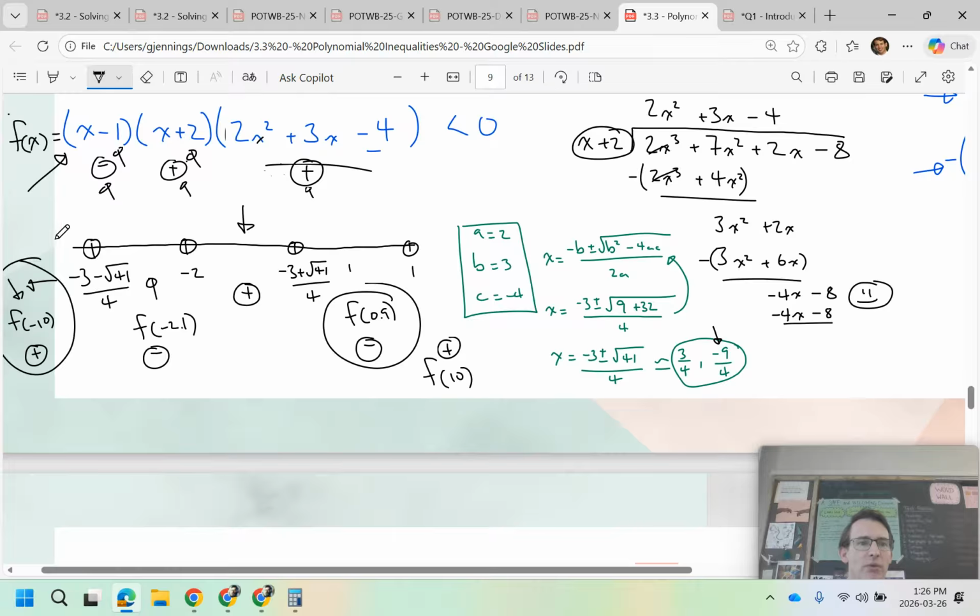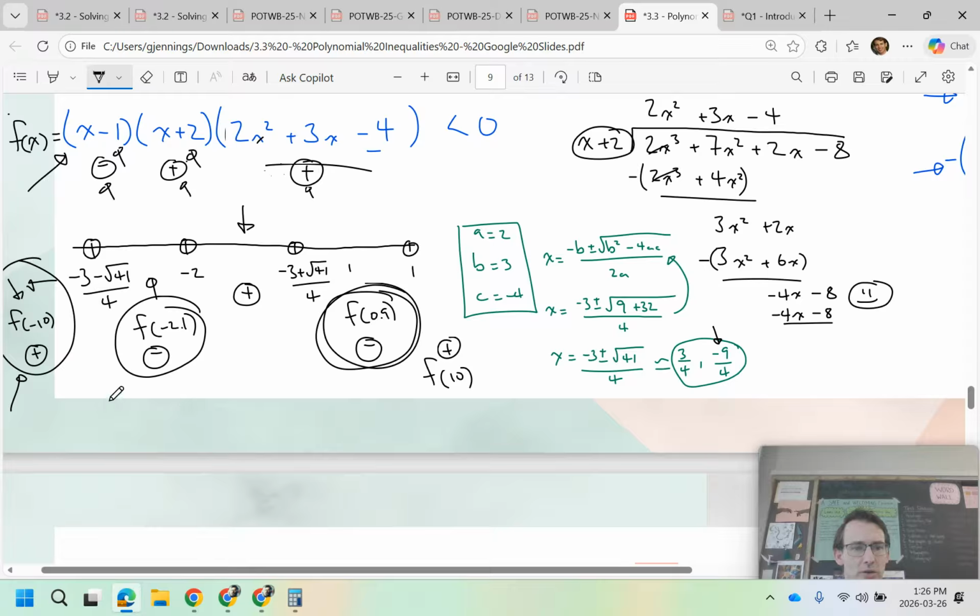So now we have these intervals. We have negative infinity to, oh wait, when is this less than 0? Okay, so when is it negative? All right, so not in this interval, it's positive there, so we don't have the negative infinity one. But we do have this interval here and this interval here where it's negative.